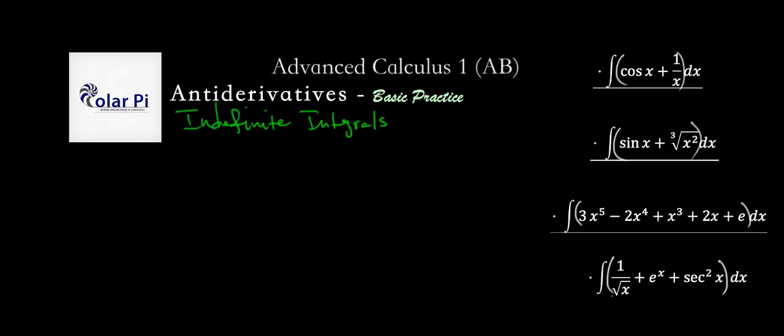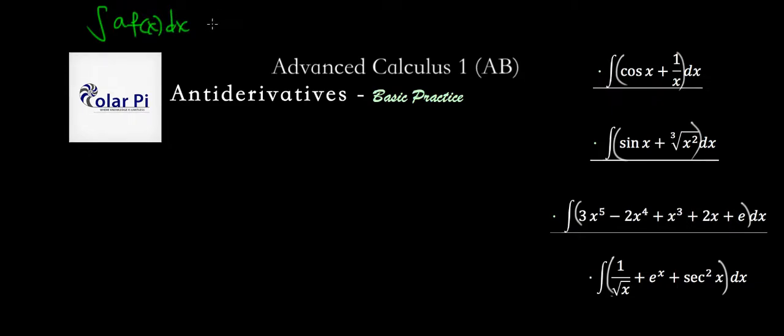Indefinite integrals or antiderivatives come with a few properties, and one of the properties is the constant rule. So if I have, let's call the constant a, the antiderivative of a times some function f of x dx, then it's as good as finding the antiderivative of f of x first and then multiplying the result by a.